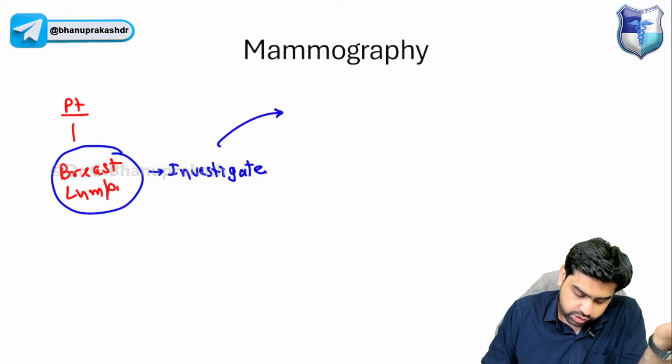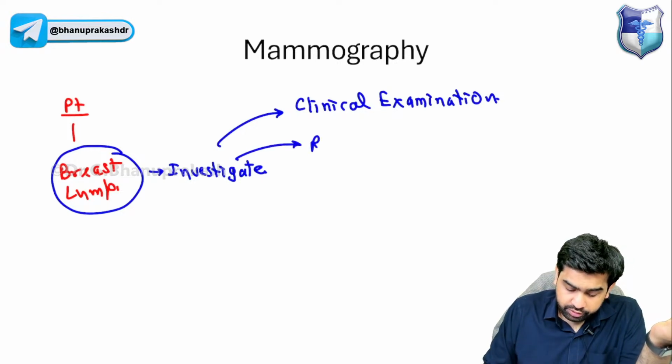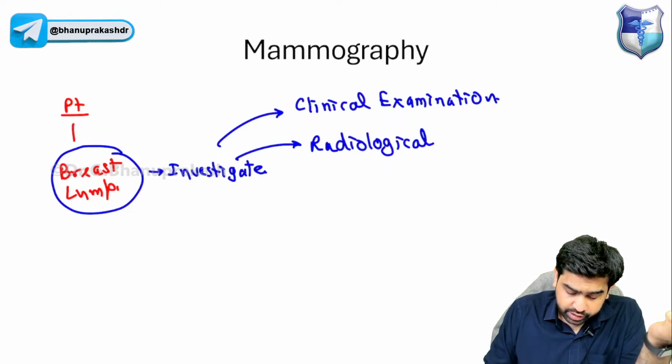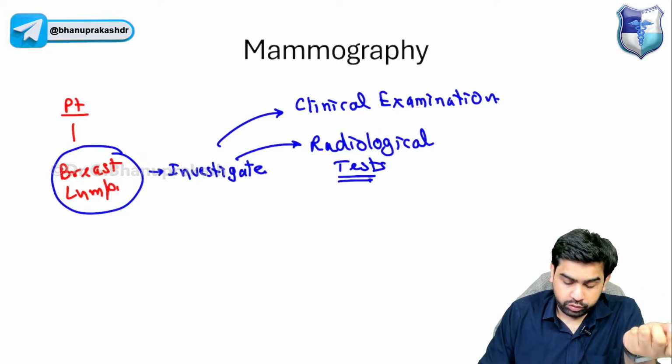First, you can go ahead and do a clinical examination. What else can you do? You can do radiological tests. What are the radiological tests which you perform in these patients?